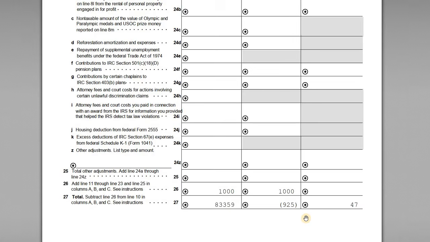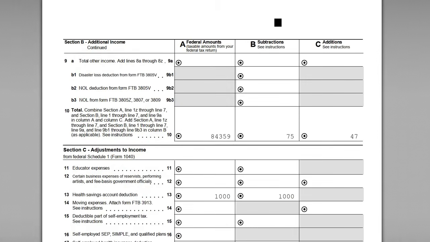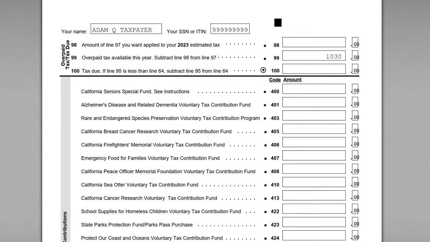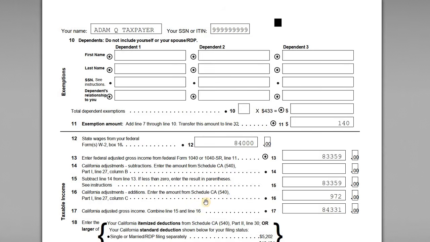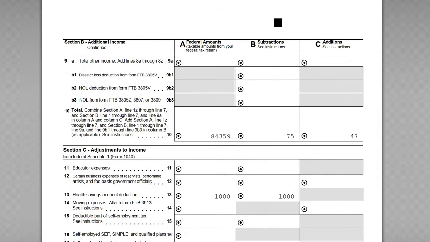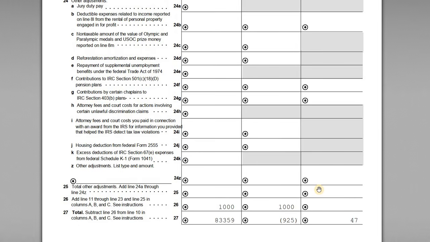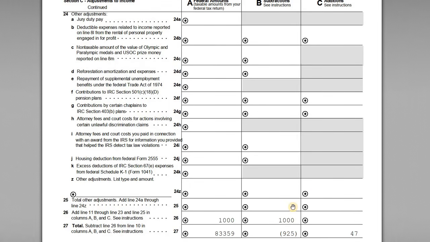So here's what's a bit odd about this schedule and how the instructions want you to report this. We have the subtractions column in column B, we have the additions column in column C, and these are separately stated. In other words, we don't net those two amounts. We have to report them separately on line 14 for the subtractions and line 16 for the additions. Now, what the instructions say is that if you get to the bottom here and you have any negative amounts in any columns, you have to report them as positive amounts in the other column, right?